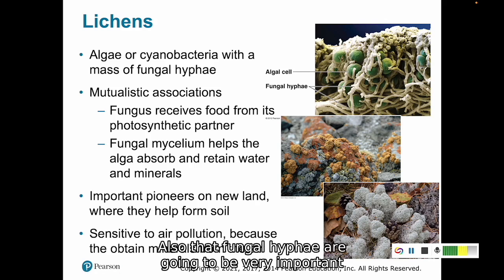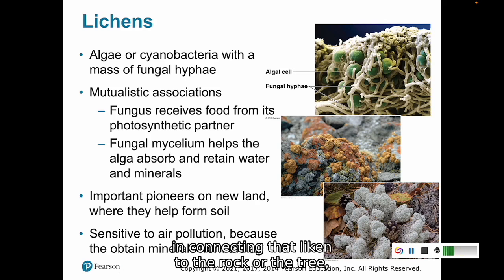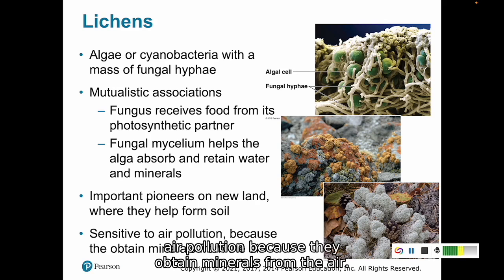Also, that fungal hyphae are very important in connecting that lichen to the rock or the tree or whatever it's linking onto. That fungal portion provides that hold fast. Lichens are important pioneers on new land where they can help form soils, and they are particularly sensitive to air pollution because they obtain minerals from the air. So sometimes lichens are used as a way to detect what level of air pollution is present in an area.